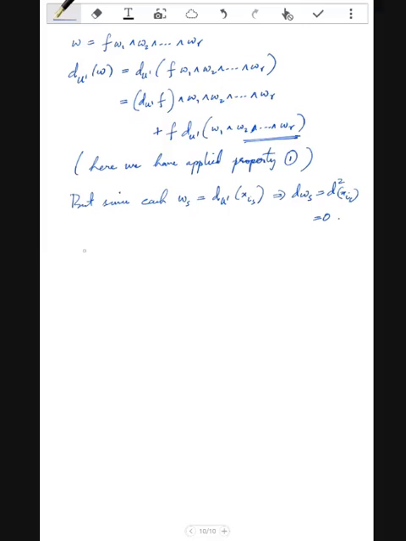And again by using property 1, we get the second term is 0.